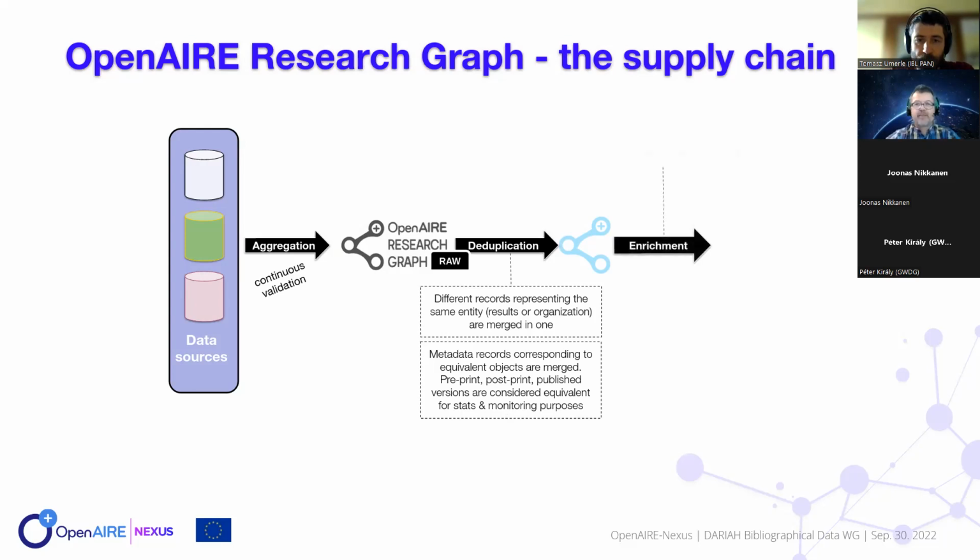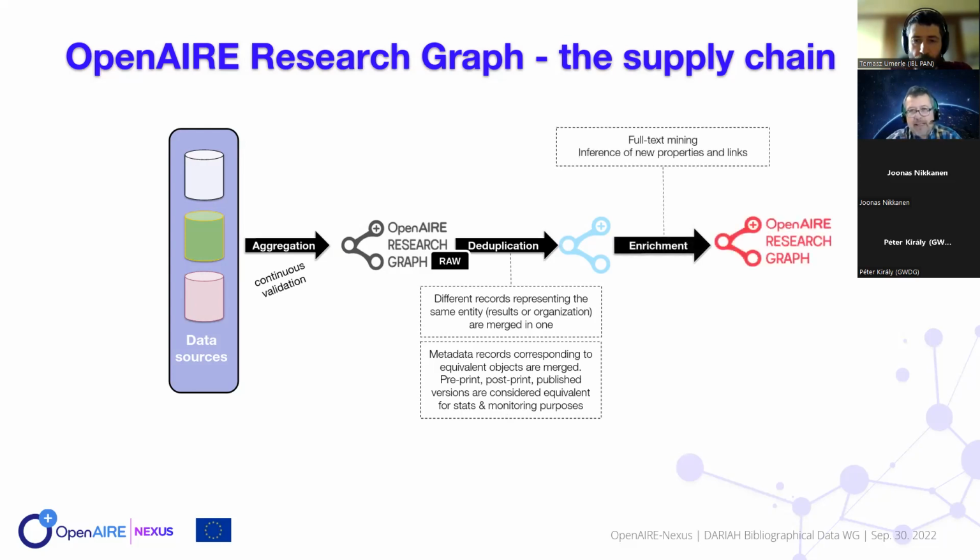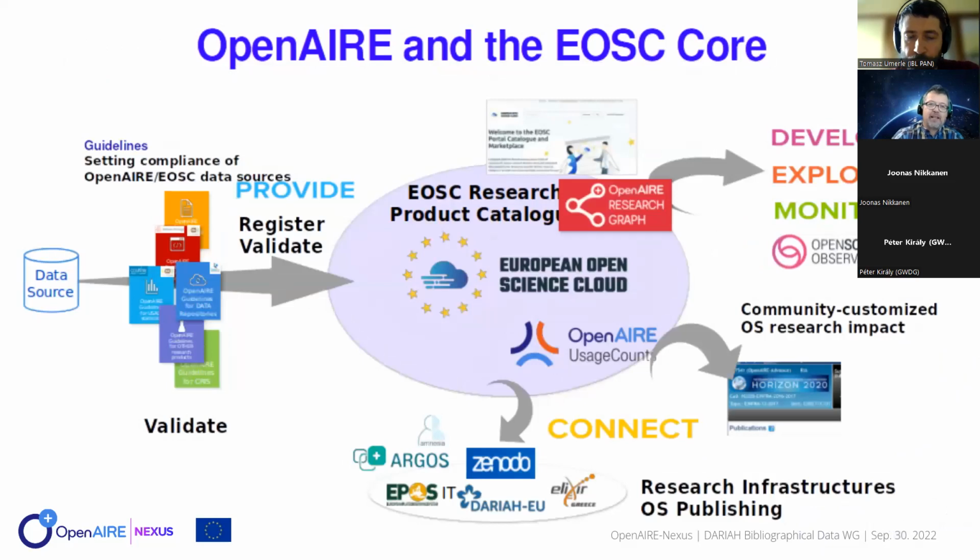After this, we enrich the data with full-text mining and some more information, and make the OpenAIRE research graph from it. In this slide, I show the same steps to create the OpenAIRE research graph.